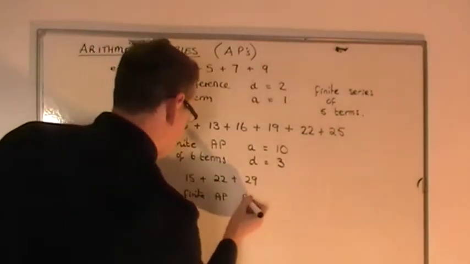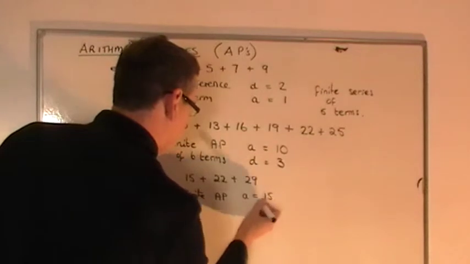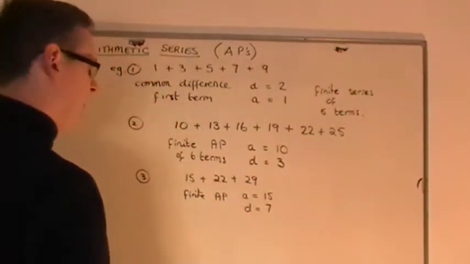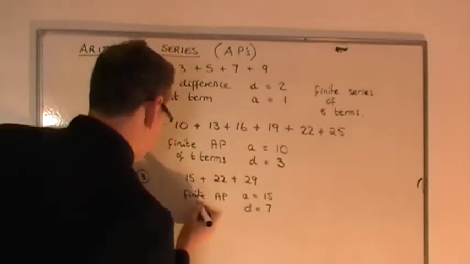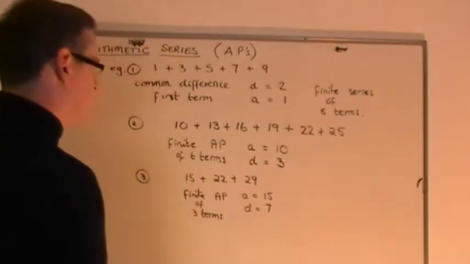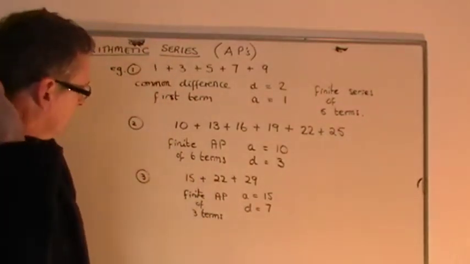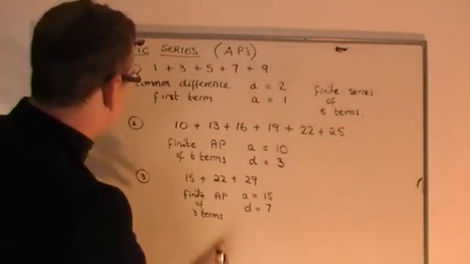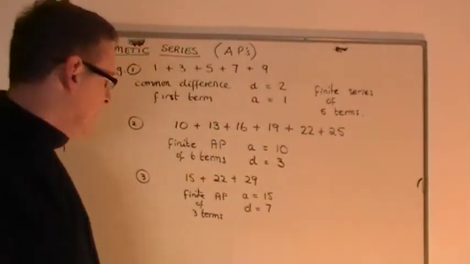It has a first term of 15, a common difference of 7, since you're adding 7 each time, and it's a finite AP of just 3 terms. So that's not very difficult. That's a basic introduction as to what an arithmetic series is.